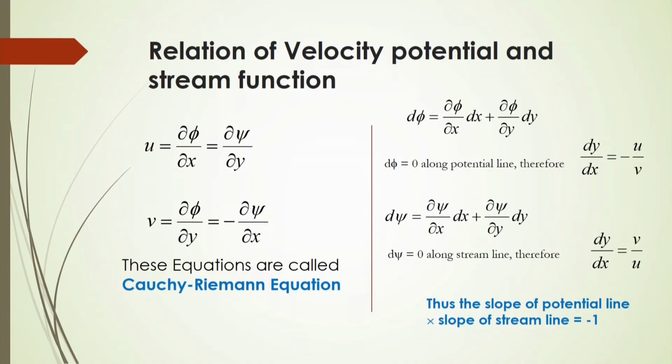have. Now, what should be the relation between velocity potential and stream function? The stream function we know is psi, whereas the velocity potential is phi. So, what will be the relation between phi and psi?